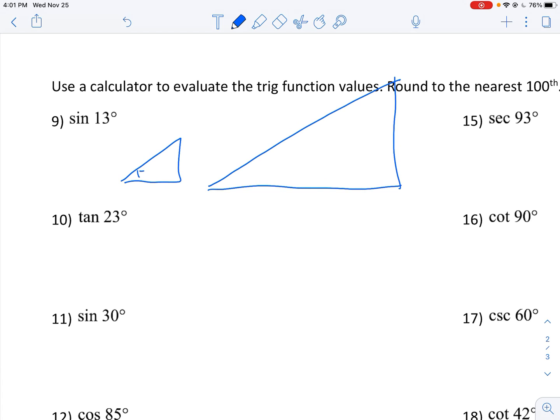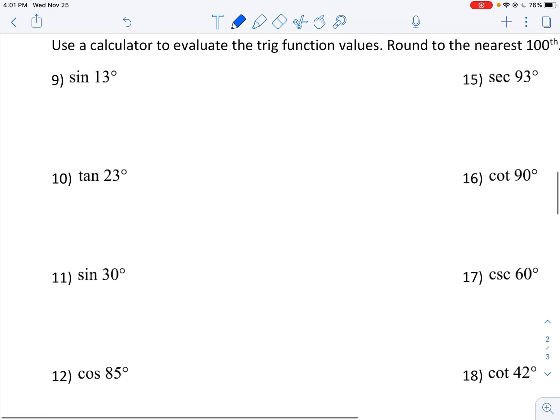If they have a 13-degree angle in it, the ratio of the opposite length over your hypotenuse is going to be the same for both because these are going to be similar triangles. And so you can actually use a calculator to find the sine of 13 degrees or cosine of 85 degrees. And so we're going to do that.